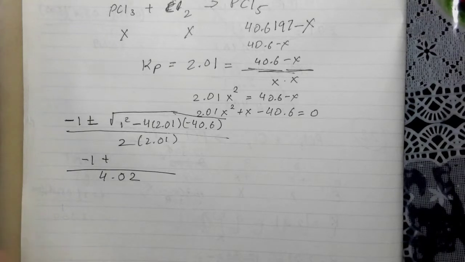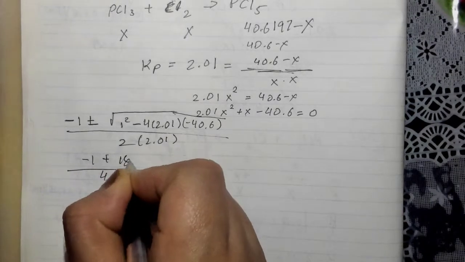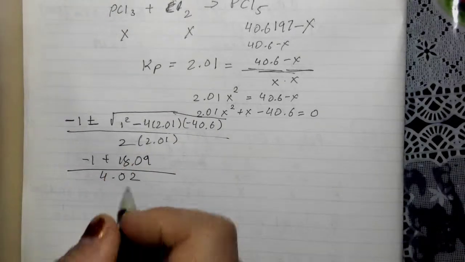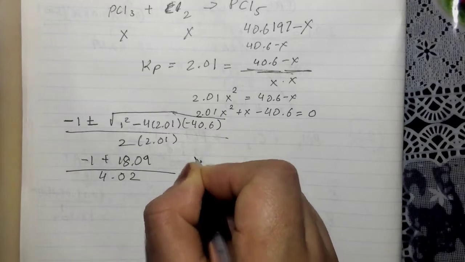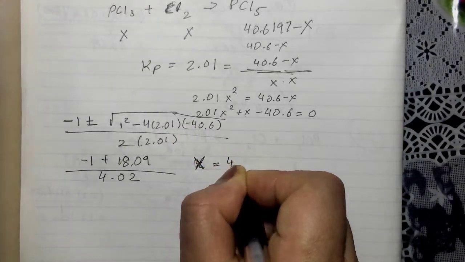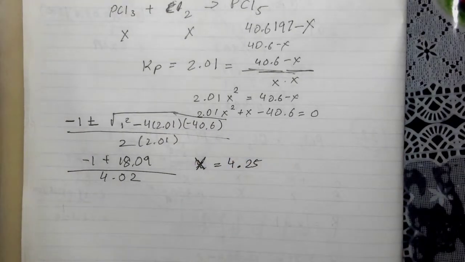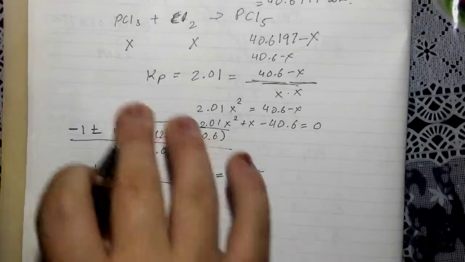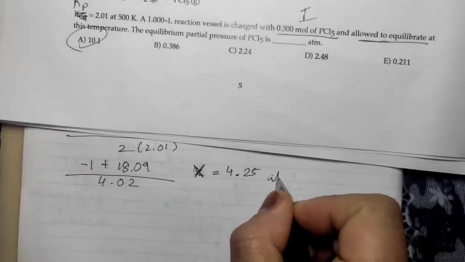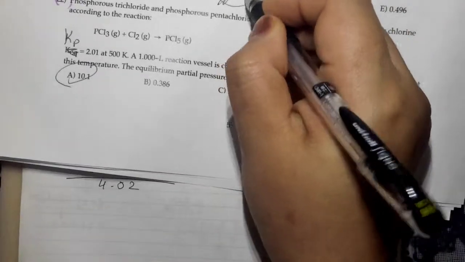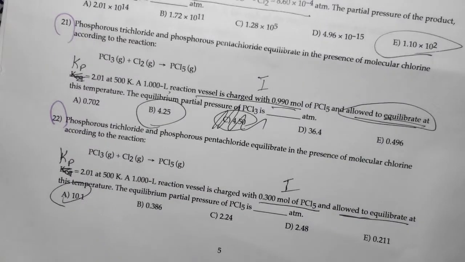Square root the answer. Okay, so about 18.1 minus 1, divided by 4.02. That's going to be x equal to 4.25. Okay, so that's x. So that means either the PCl3 or Cl2 is 4.25 atm. Okay, PCl3, so that would be B. Okay, got it. So ice tables do make a lot of difference.